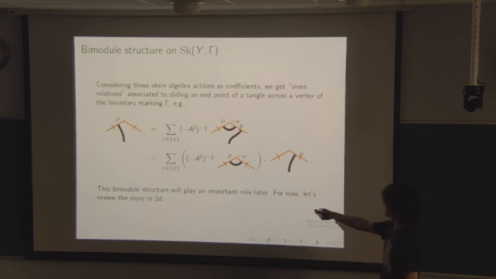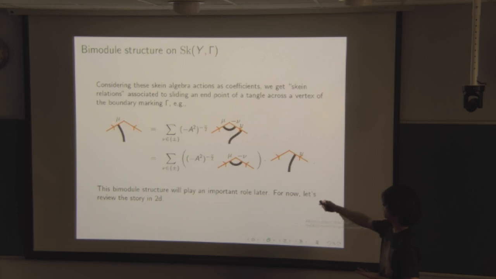Okay. Yeah, and this is just one way of thinking about this bimodule structure. When I said isotopy of stated tangles, we don't allow the endpoints of a stated tangle to move across a vertex, but by using stated skein relations, so let's say in this example, we have a part of a stated tangle ending on this boundary marking with state mu.